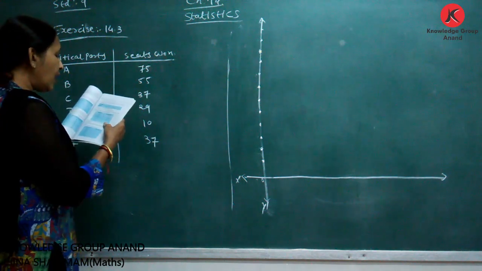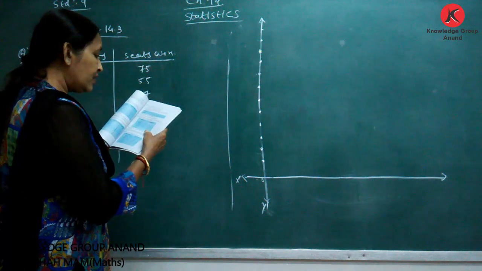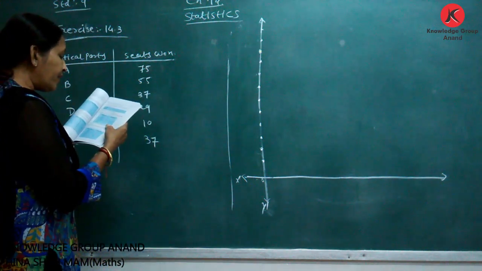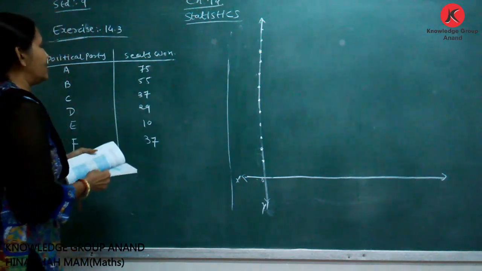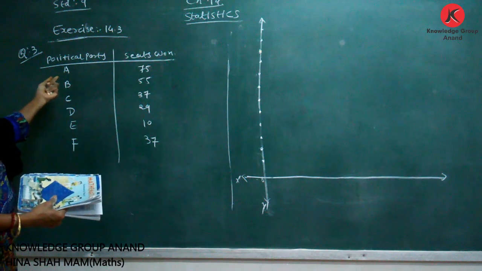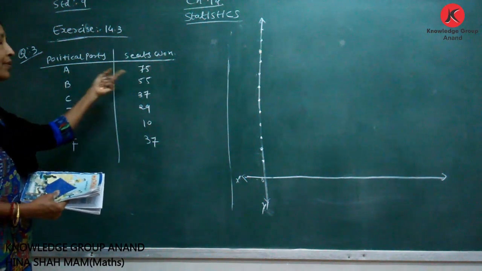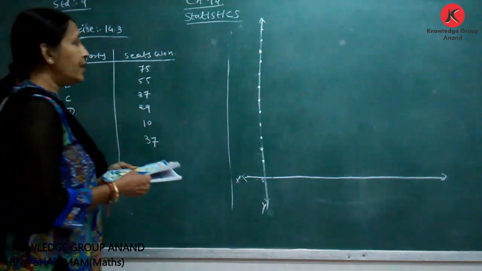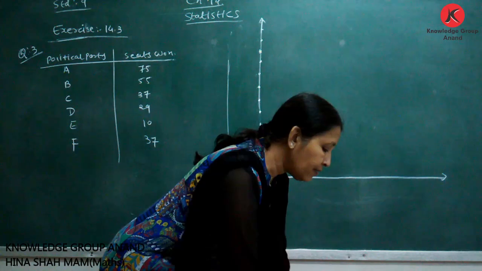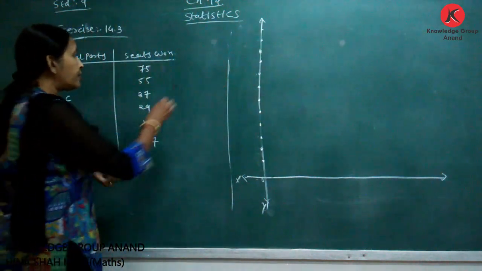Question 1: draw a bar graph to represent the polling results. Which political party won the maximum number of seats? Party A. We give this answer after drawing the graph.